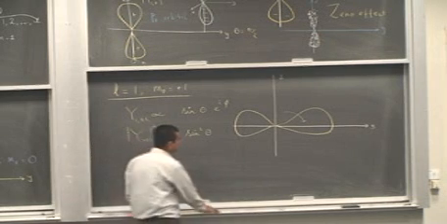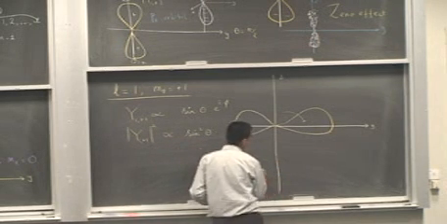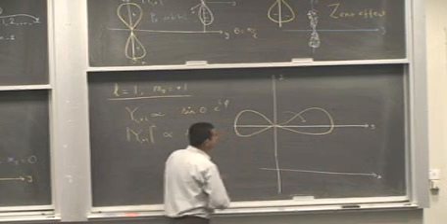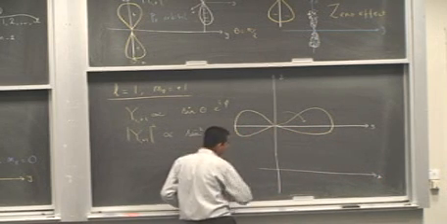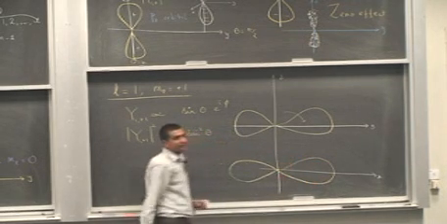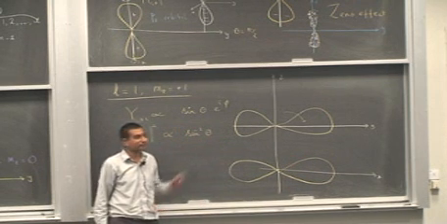I could have drawn another diagram in which this is the x-axis and this is the z-axis, and I would have obtained a similar diagram. So now is this a px orbital or a py orbital? It looks like a px orbital. So which one of these?